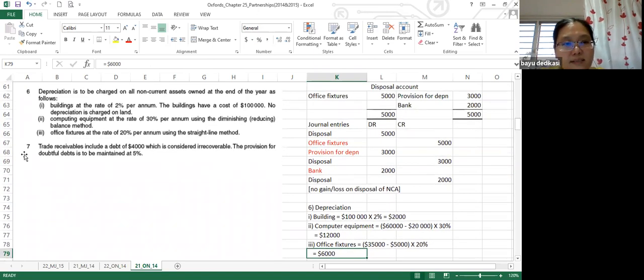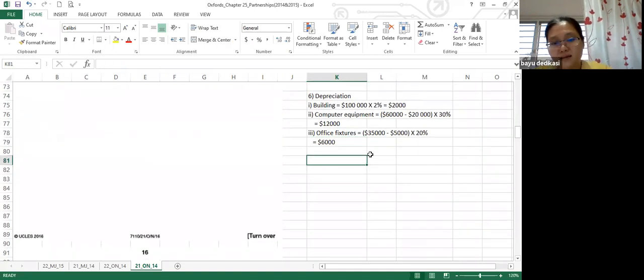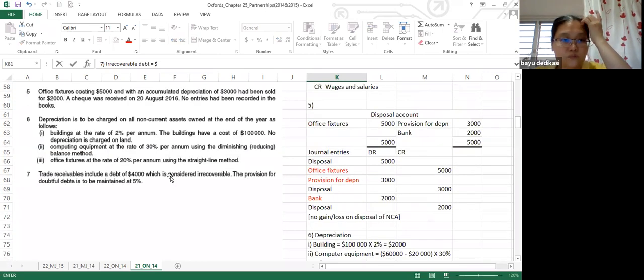So next is 7. Trade receivables include a debt of 4,000, which is considered irrecoverable. And same story again. You have irrecoverable debt, which amounts to 4,000.